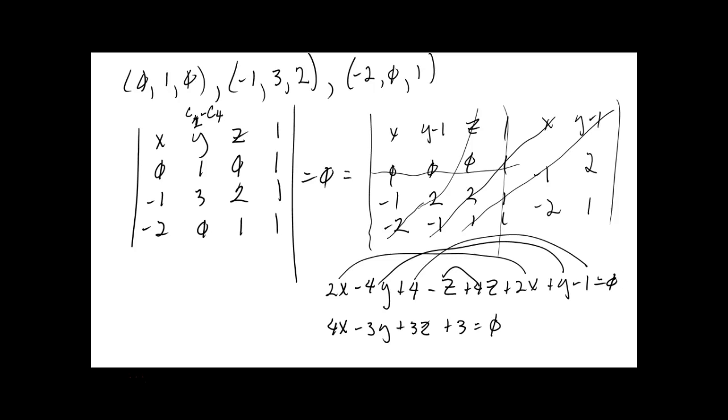Let's see if I got my matrix right. X, y minus 1, z, 1. 0, 0, 0, 1. Minus 1, 2, 2, 1. And a minus 2, minus 1, 1, 1. Now those look okay.